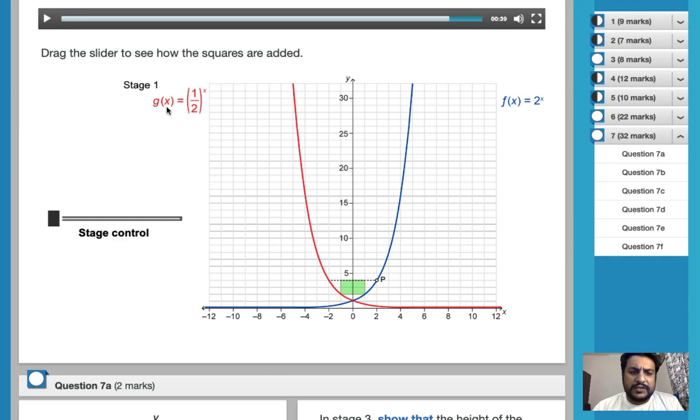So the first function is g(x) = (1/2)^x and f(x) = 2^x. This is stage 1. So in the rectangle you can see how many boxes there are. Now if you increase to stage 2, these are the boxes over here. Now stage 3, stage 4 and 5, and so on.